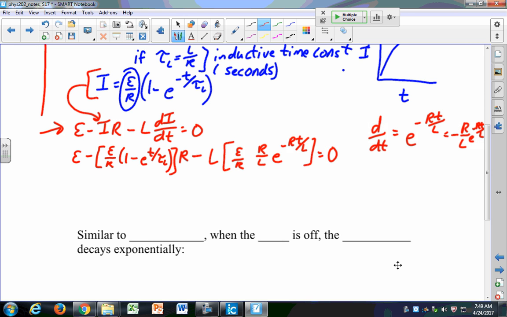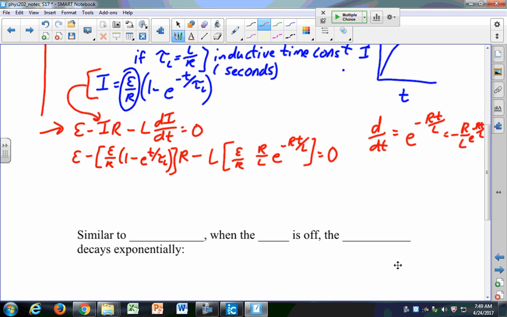Now let's see what I've done here. I've taken the derivative of this thing. The derivative of 1 is 0. The derivative of negative Rt over L, which is this minus t over tau, is equal to this thing right here, this R over L, e to the minus Rt over L.